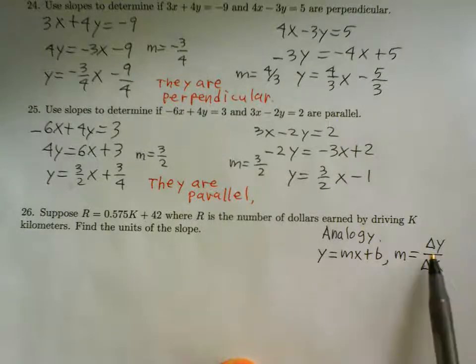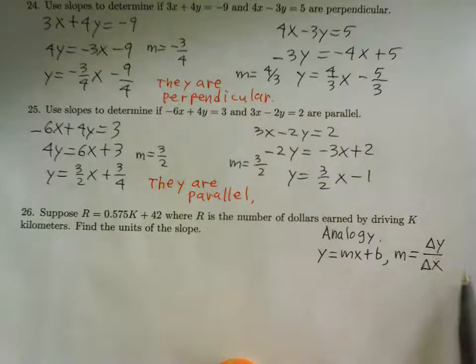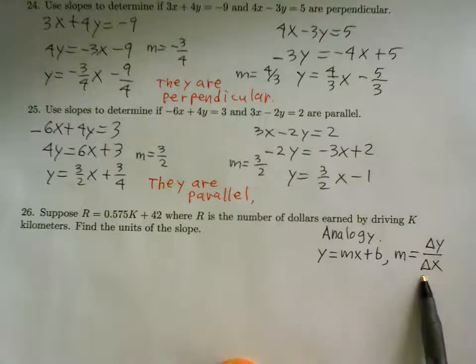So don't be worried about this too much. Delta y is just a fancy way of writing y2 minus y1. And delta x is a way to write x2 minus x1.